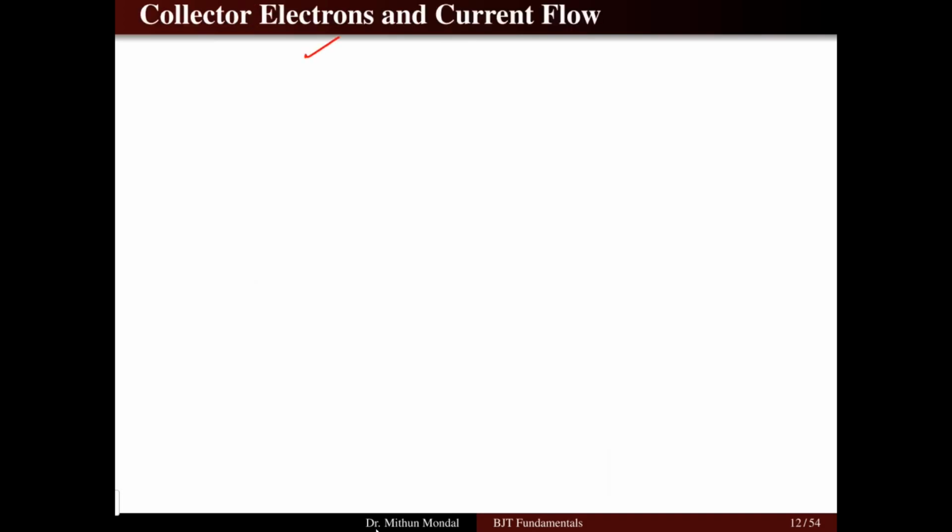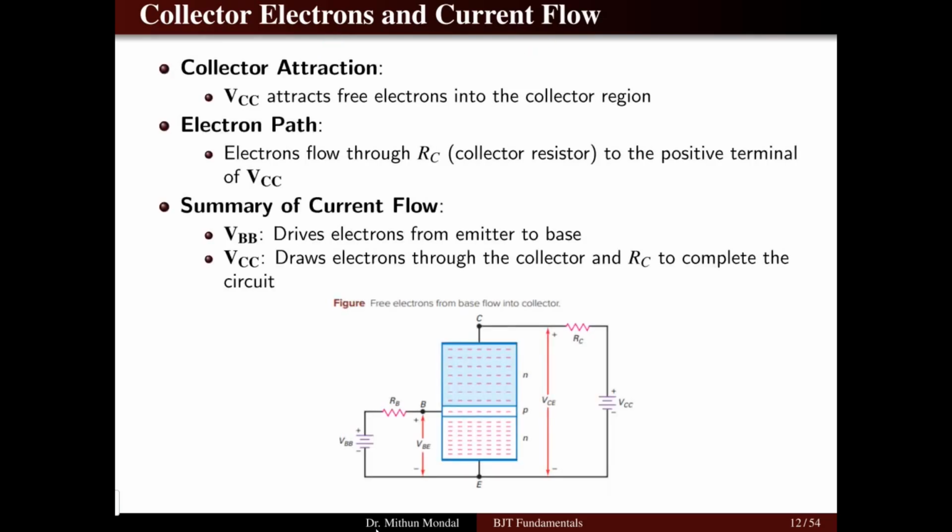Now the collector electrons and the current flow. The electrons which were present in the emitter have moved through the base to the collector. The source that we have connected, VCC, will attract these free electrons into the collector region. So these electrons which have moved here will now move to the source which is attracting them. The electrons will flow through the collector resistor to the positive terminal of the supply voltage VCC.